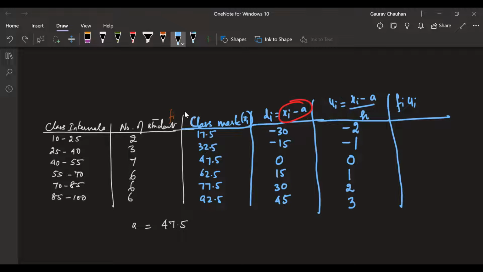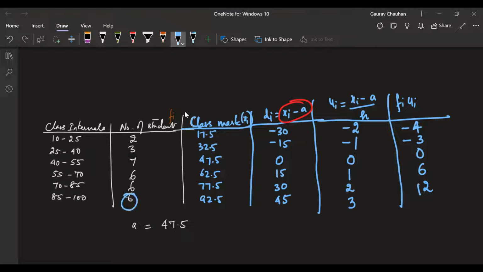So that's 2 into -2, that gives me -4. 3 into -1, that gives me -3. Then 7 into 0, that is 0. Then 6 into 1, that is 6. Then 6 into 2, that is 12.